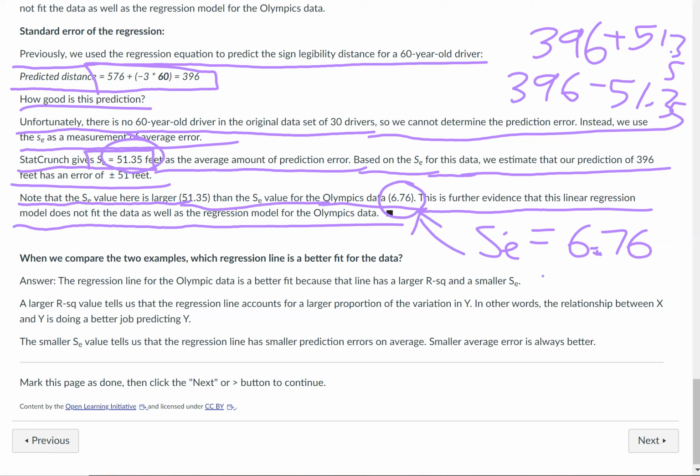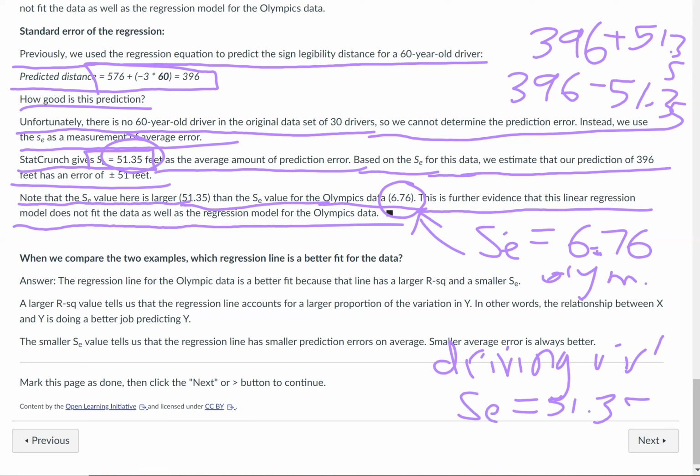But for this example with the driving visibility distance, the standard error was 51.35, which is quite a bit. That's how far away you can expect your average data value to be, in terms of the y values, from the predicted one that's on the line.